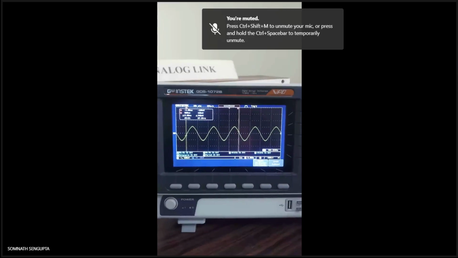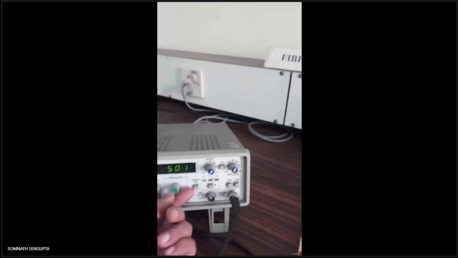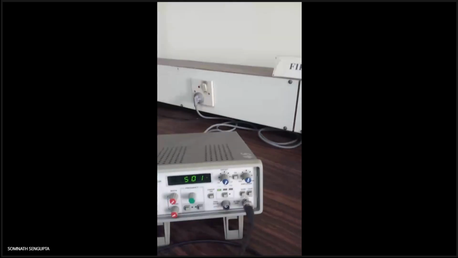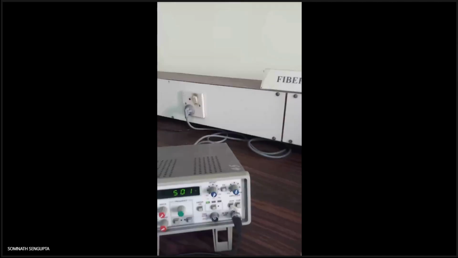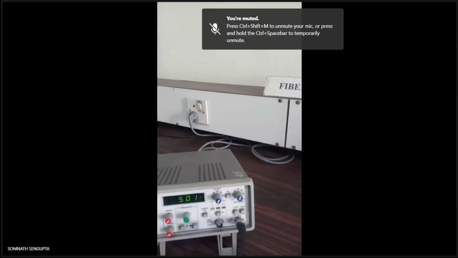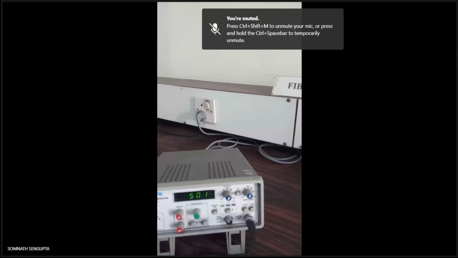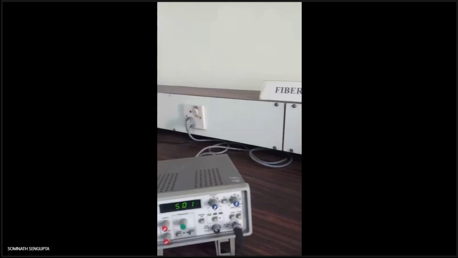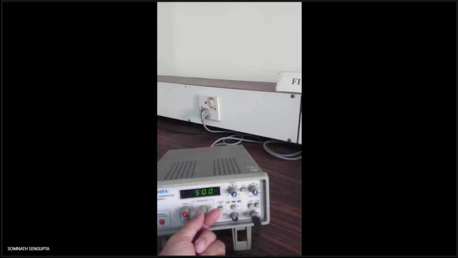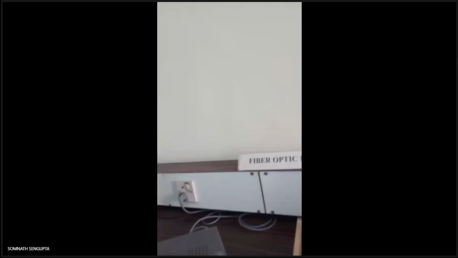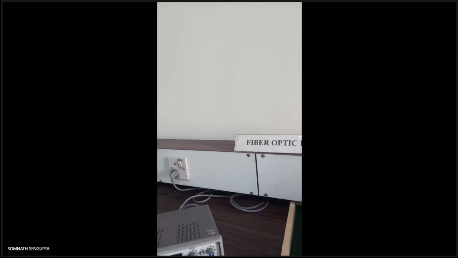Okay. Then we go for, so at lower frequencies it will remain almost same, but if you go for higher frequencies, attenuation will start. So that is because the use of electronics, not because of fibers.